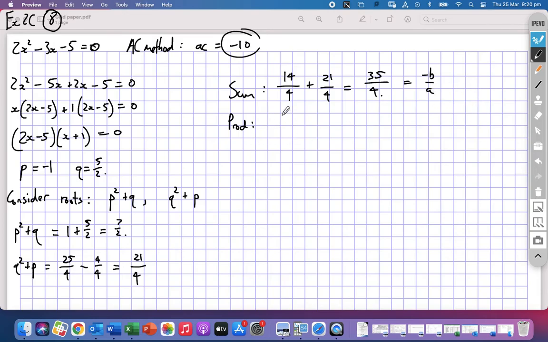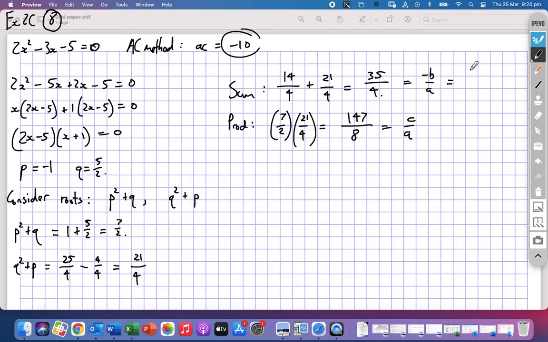Now the product: 7 on 2 times 21 on 4. So we're doing the product of the roots. 7 times 20 is 140, plus 7 is 147, so we've got 147 on 2 times 4 is 8. That's our c on a. Now, our a's didn't match up, but I can easily make them match up.